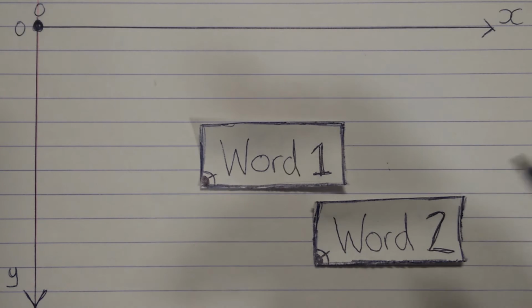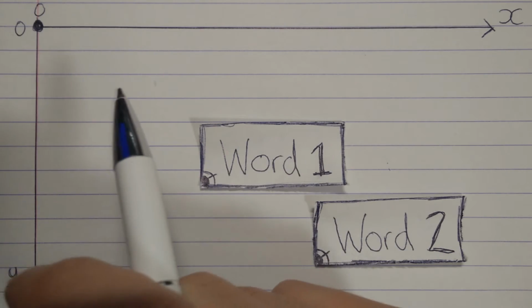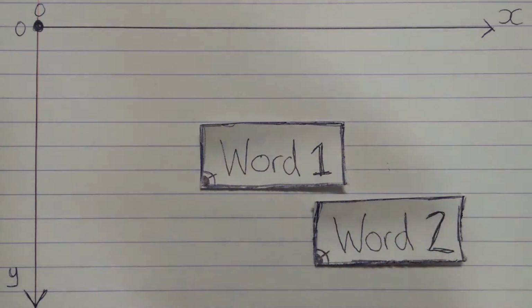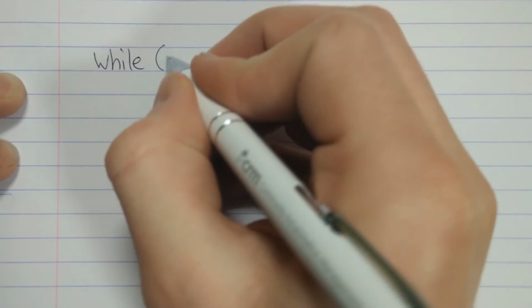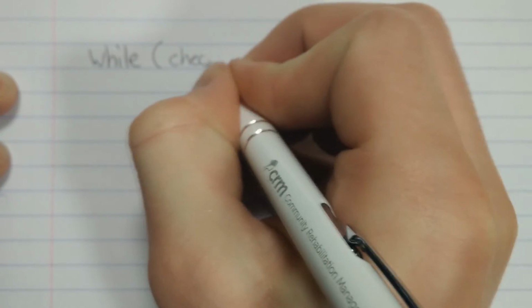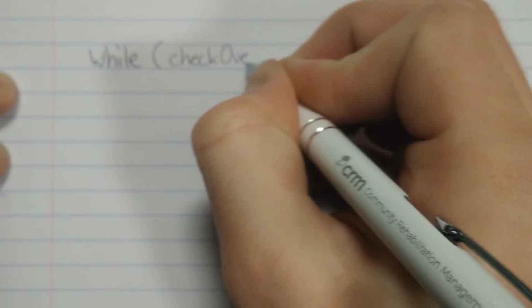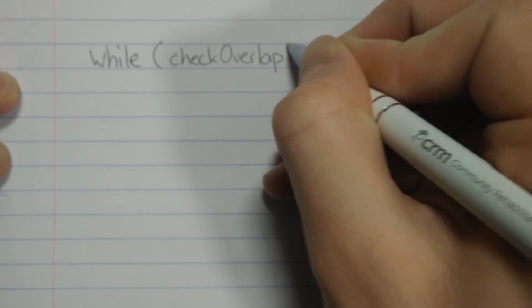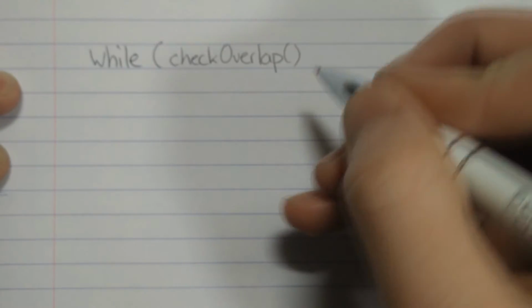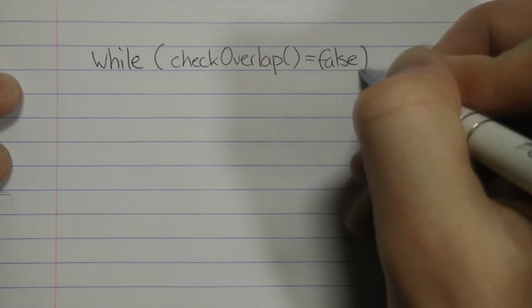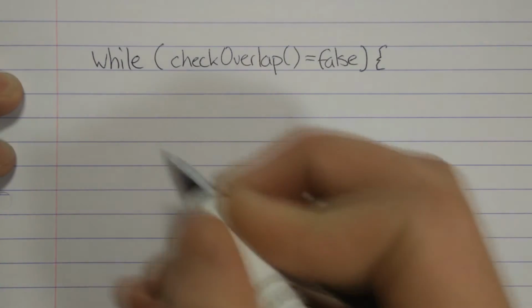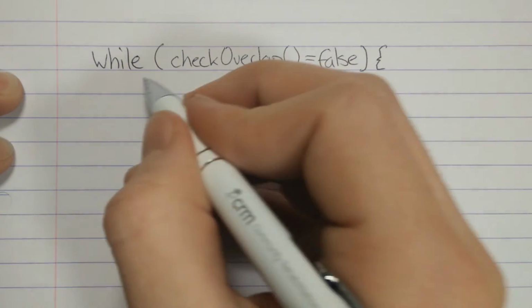So, when you're going to do a while loop, for the while loop, we're going to have while, and then this is going to be a condition. So we've got our method called check overlap. It's a method, so you're going to need your brackets. So while check overlap equals false, so all the time the words aren't colliding, we are going to randomise the position in here.